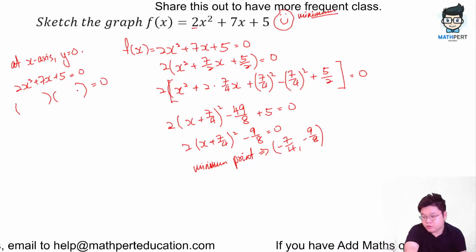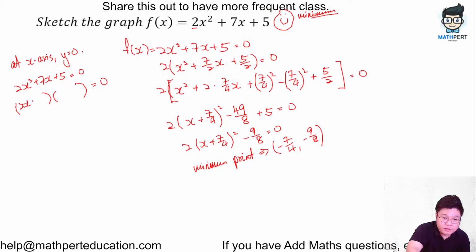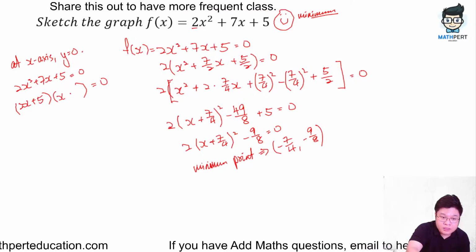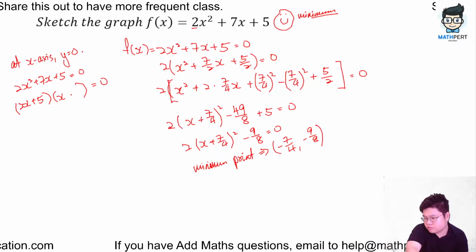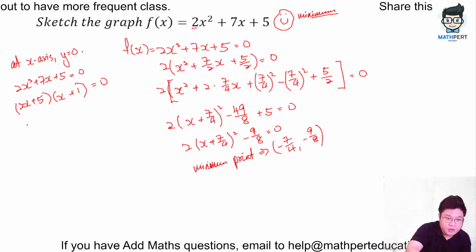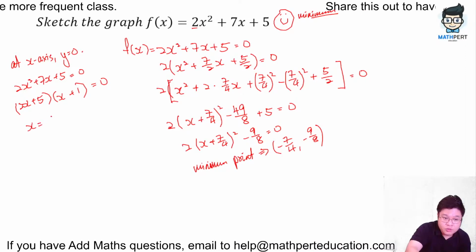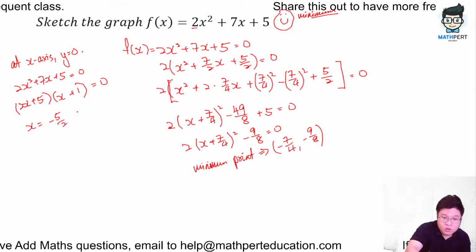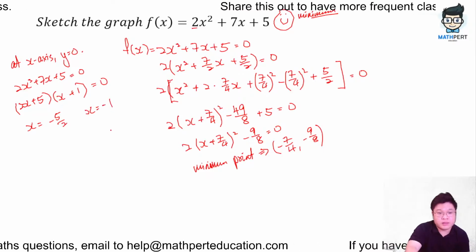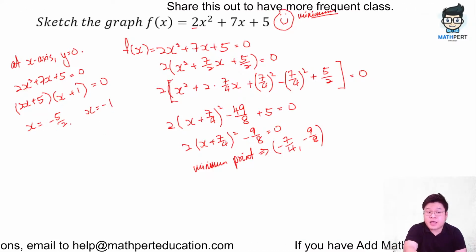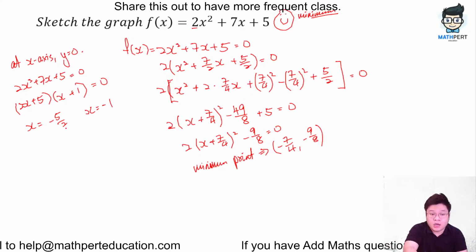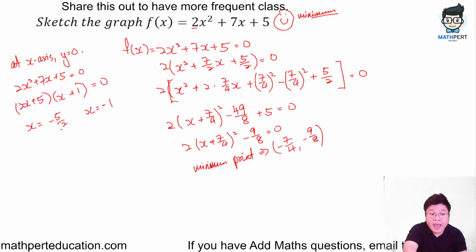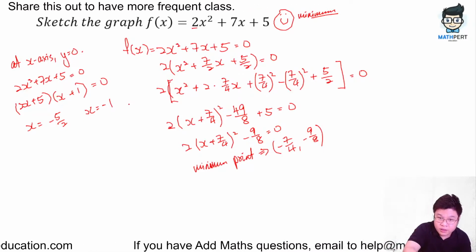So you'll get 2x plus 5, x plus 1. So x will be equal to negative 5 over 2, or x equals negative 1. So this means that the curve intersects the x-axis at these 2 points.